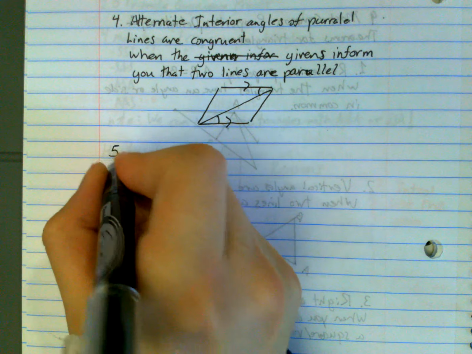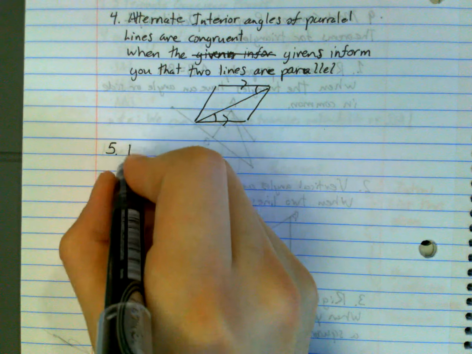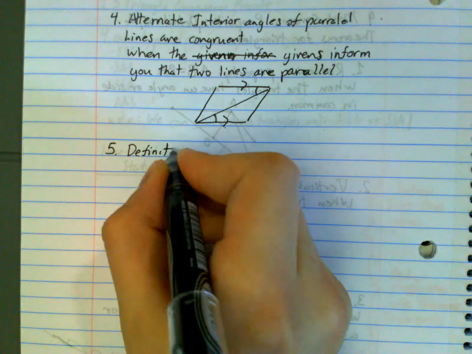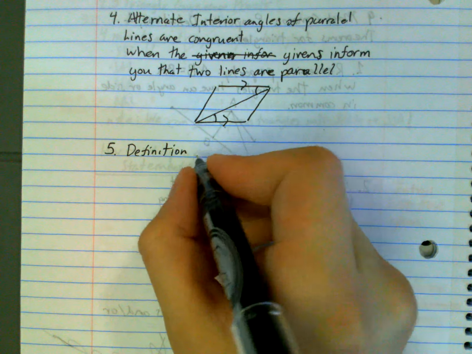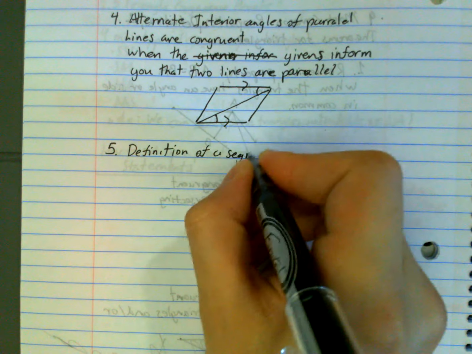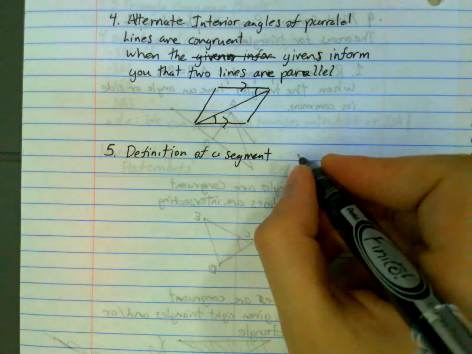Number 5, definition of a segment bisector.